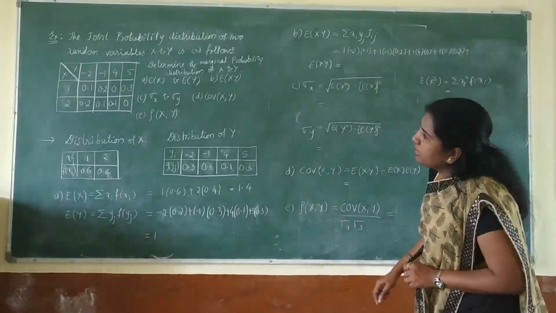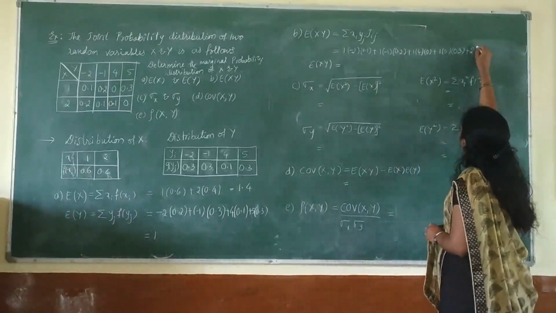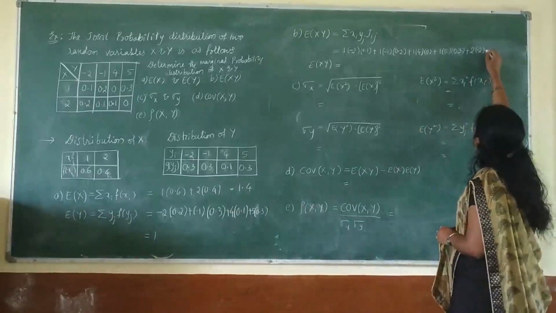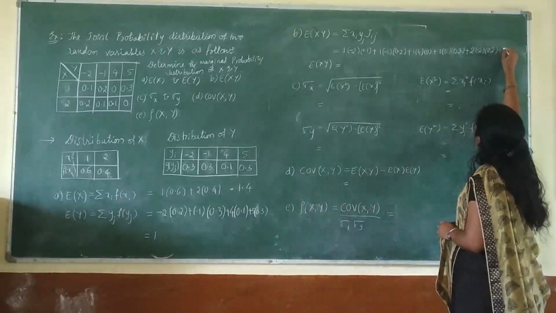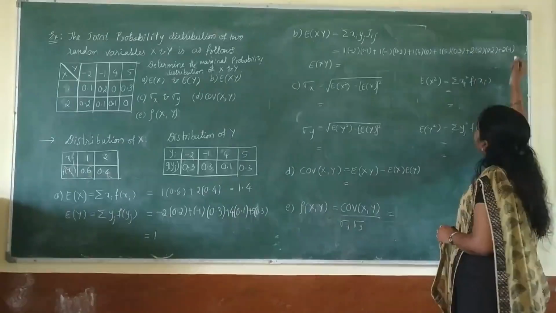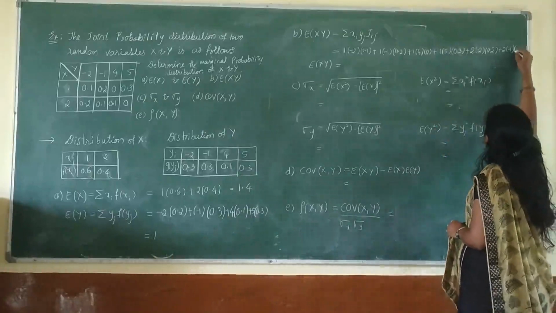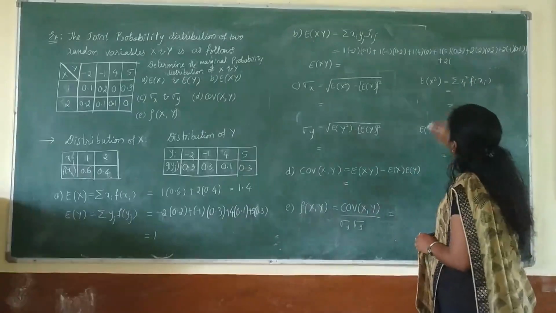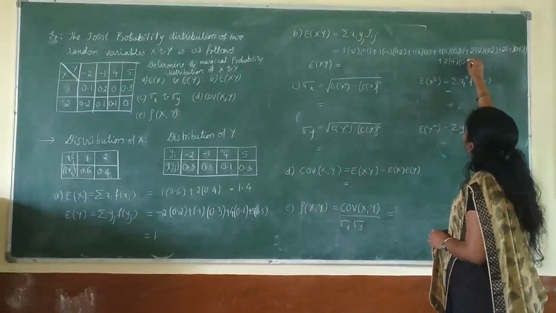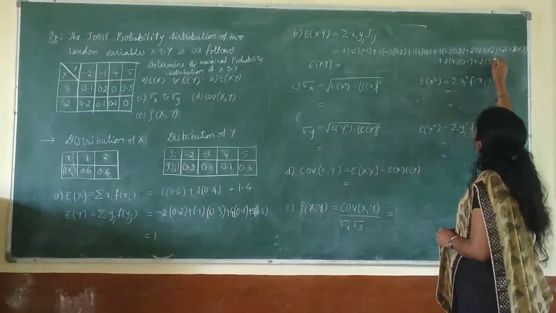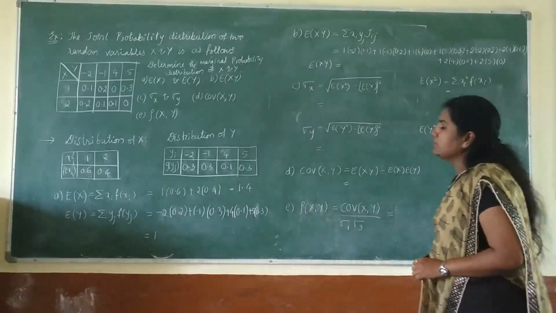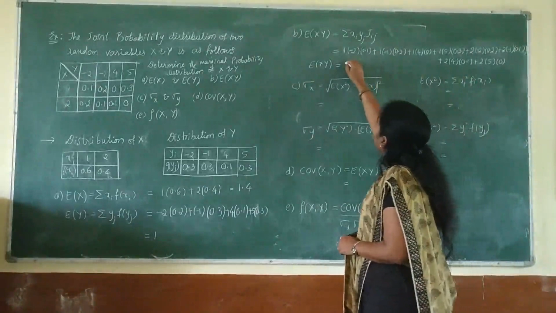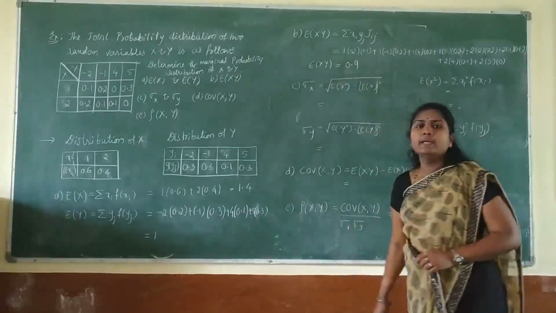Then for x equal to 2, 2 into -2 into 0.2, plus 2 into -1 into 0.1, plus 2 into 4 into 0.1, plus 2 into 5 into 0. After simplifying, expectation of xy is 0.9.